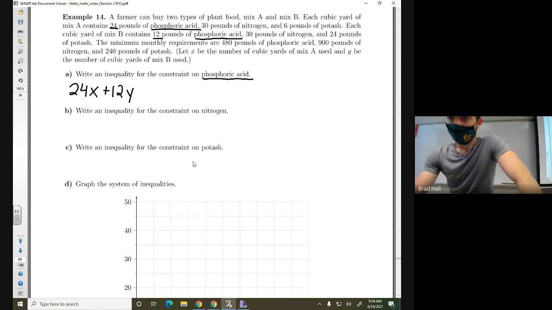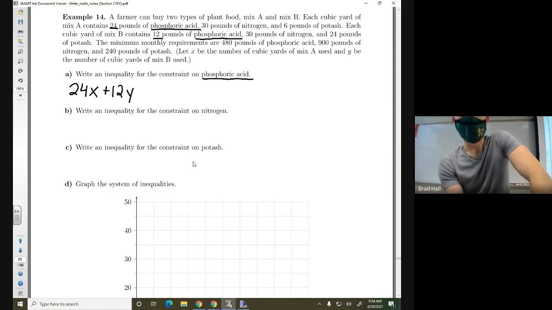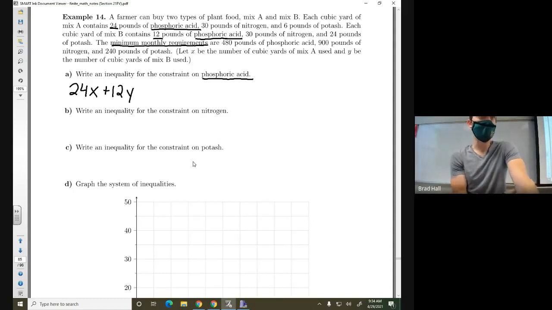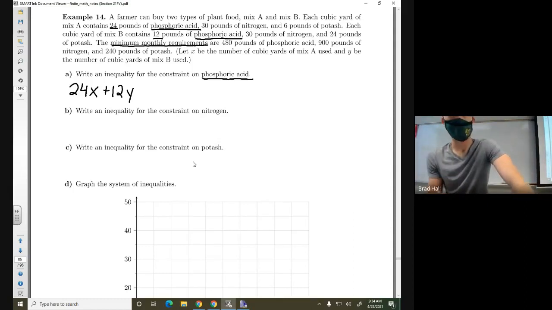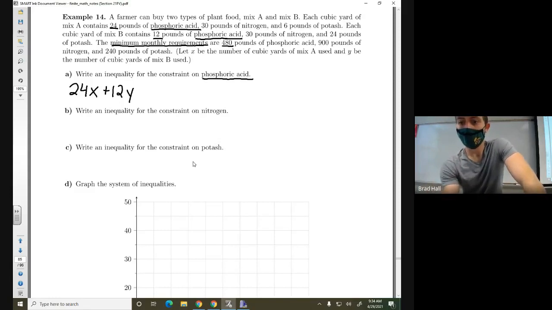All right, let me keep reading. Minimum monthly requirement. That gives me an idea about an inequality symbol because, of course, we need an inequality. 480 for phosphoric acid.